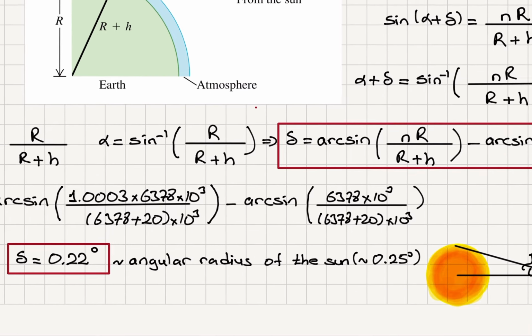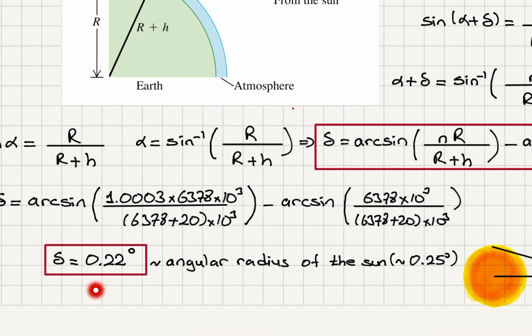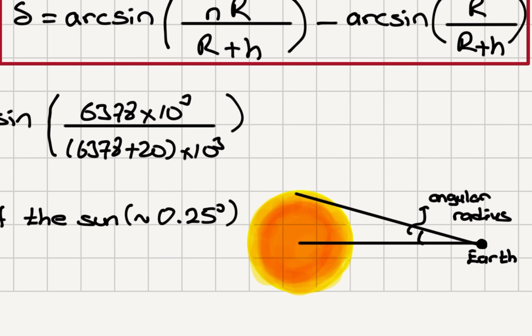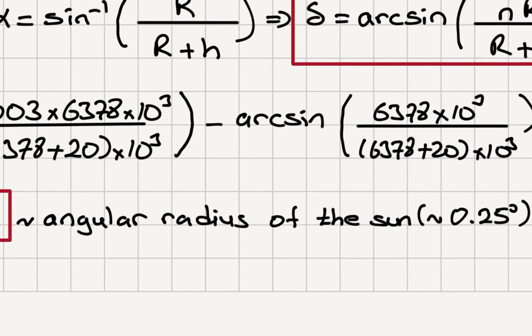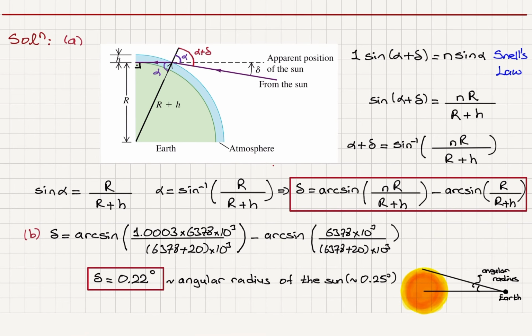Substituting the numbers, we find that this delta is 0.22 degrees, and if you look at the angular radius of the sun, looking from the Earth towards the center and towards the edge of the sun, we see that this angular radius, 0.25 degrees, is comparable with our angle of deviation, 0.22 degrees.